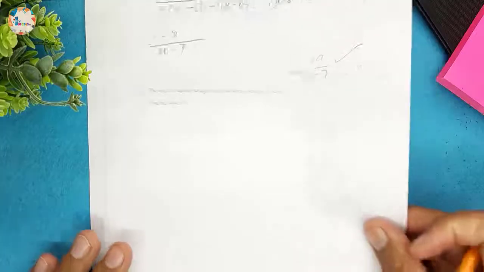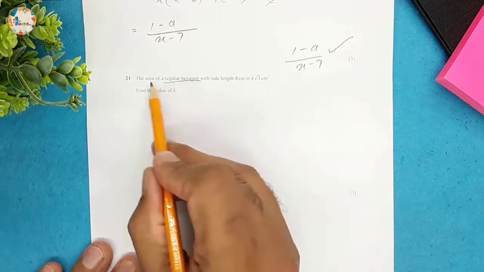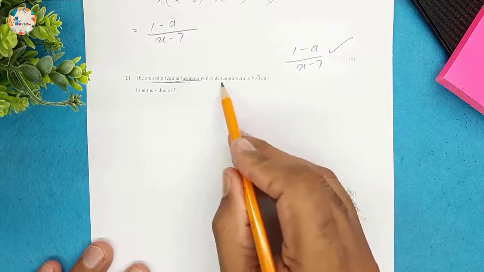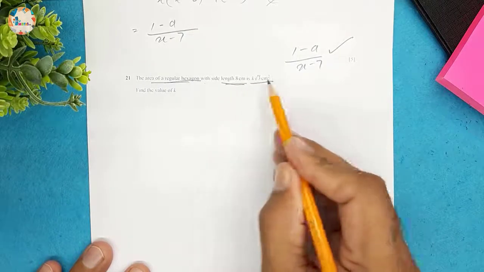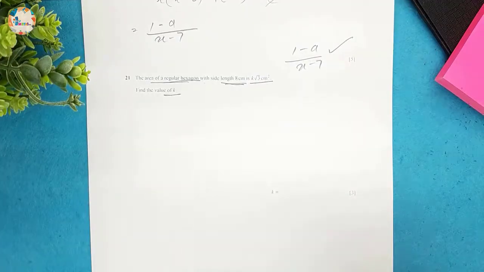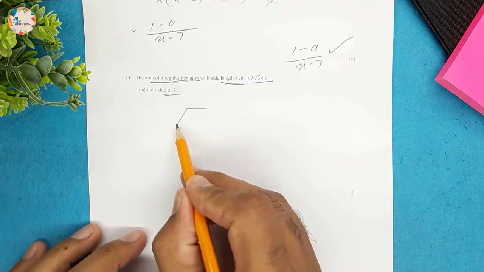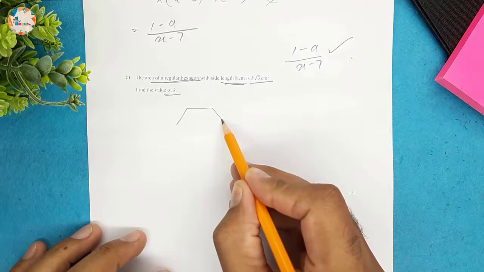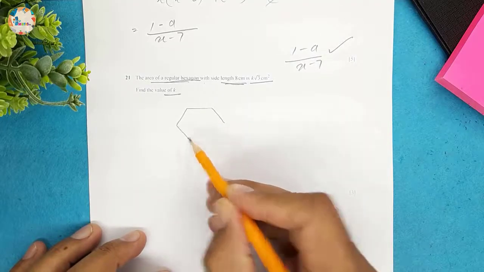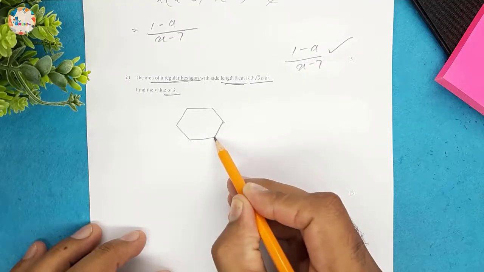Question number 21, the area of a regular hexagon with side length 8 centimeter is this one. Find the value of k. Basically a rough drawing of the hexagon, if we draw, this will be a regular hexagon like this one.